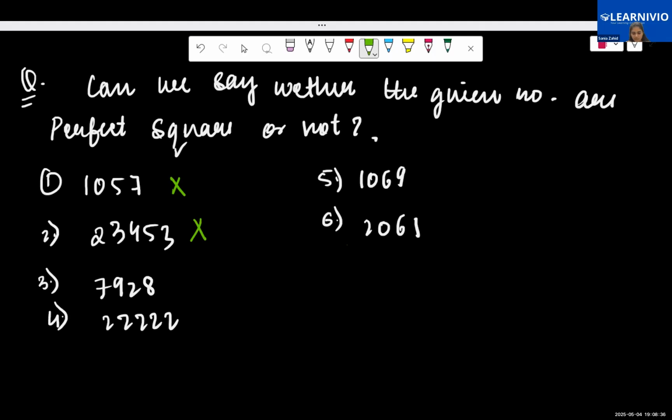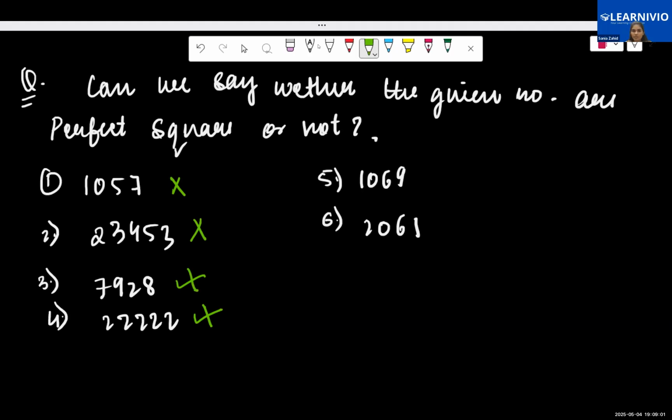The third one is yes. Okay, and fourth one? Yes. Children, look carefully at the number. Fourth one, no. And third one also no. Yes, it's no only.